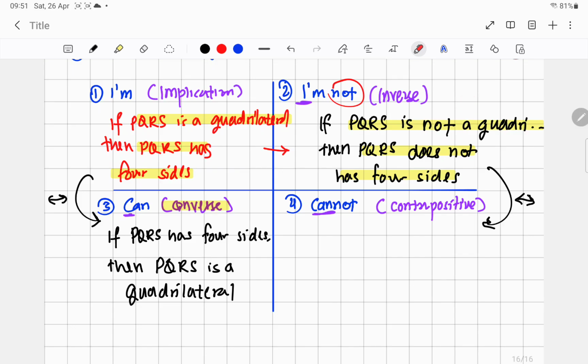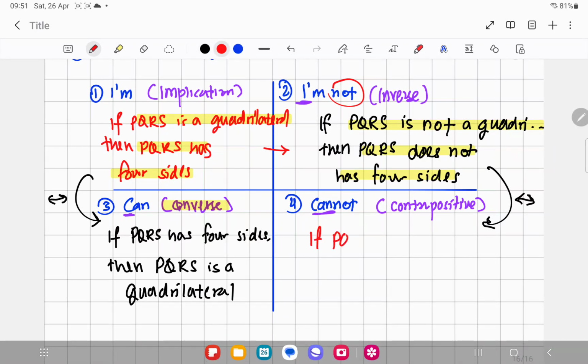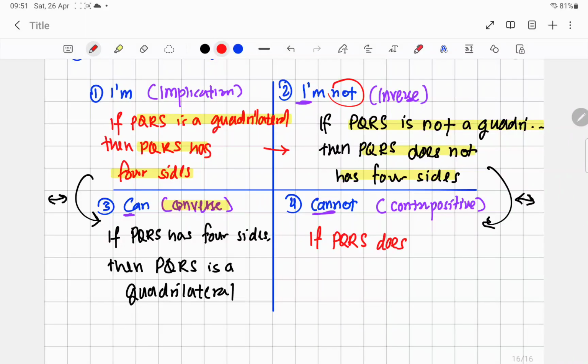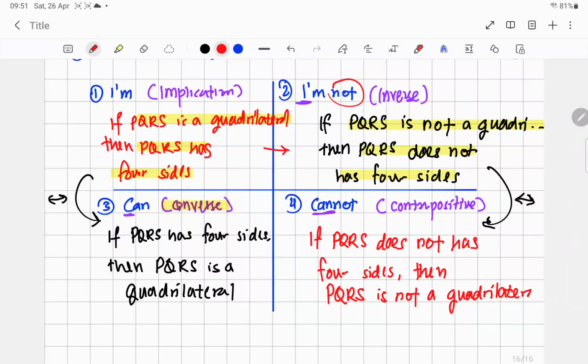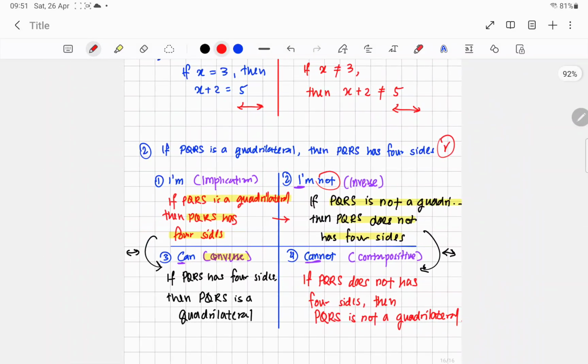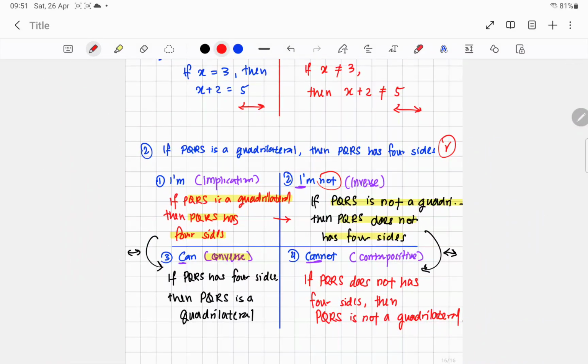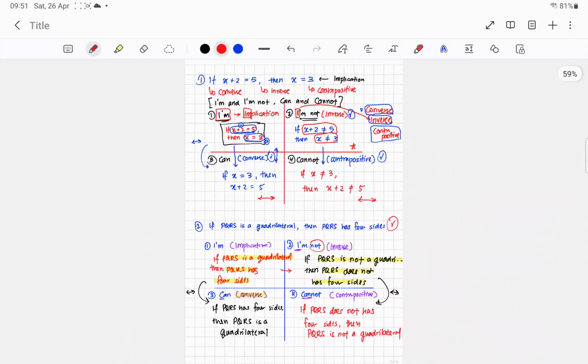To reverse the statements, you have: if PQRS does not have 4 sides, then PQRS is not a quadrilateral. So this is how you find the inverse, converse, and contrapositive of an implication.